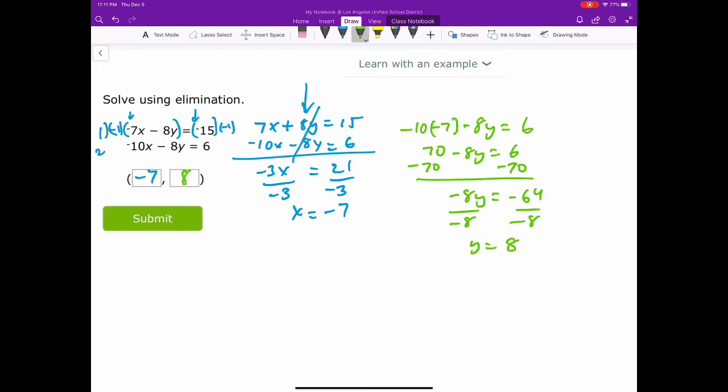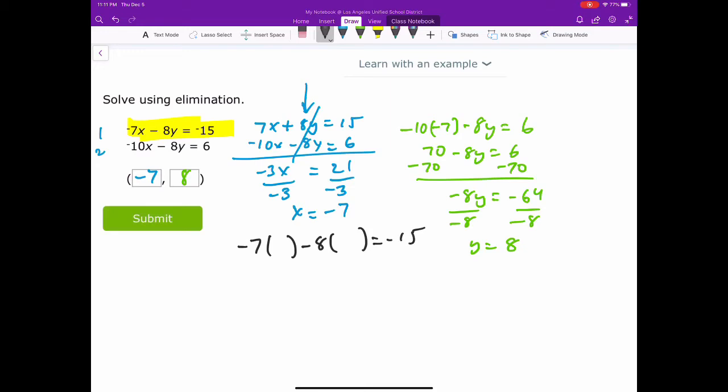So I'm going to go ahead and prove to you that negative 7 and 8 are the answers. So let's go ahead and plug into the first equation here. We're going to plug into this equation. So it's negative x minus 8y is equal to negative 15.